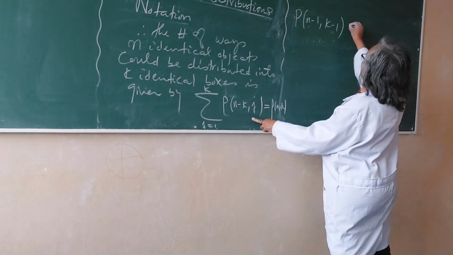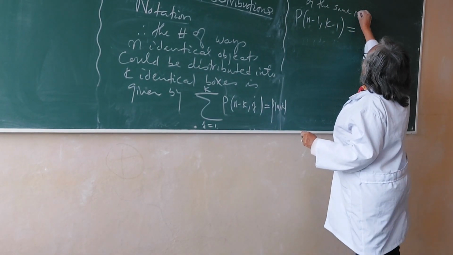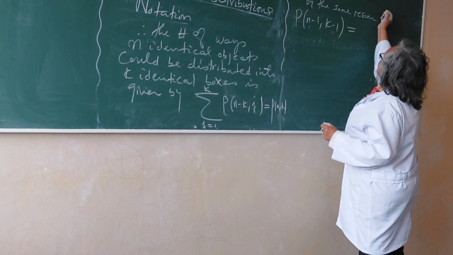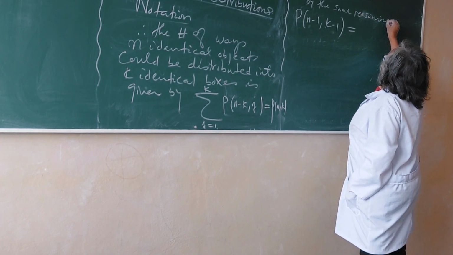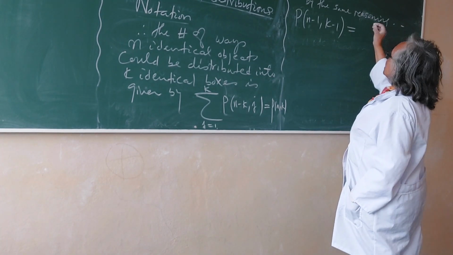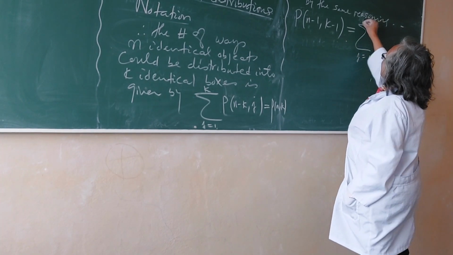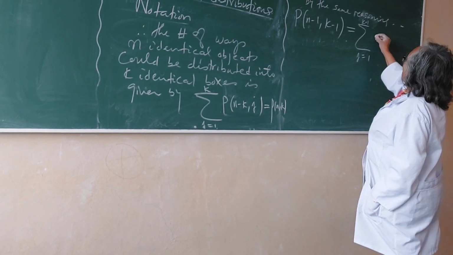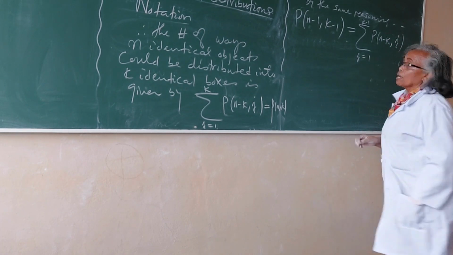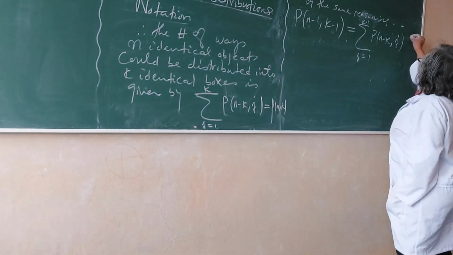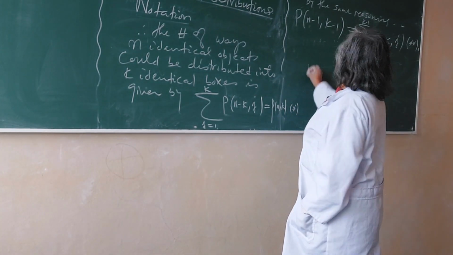So by the same reasoning, it follows that P(n minus 1, k minus 1) is exactly equal to, again, the sum for j equals 1 to k minus 1 of P(n minus k, j). This is 1 and 2.